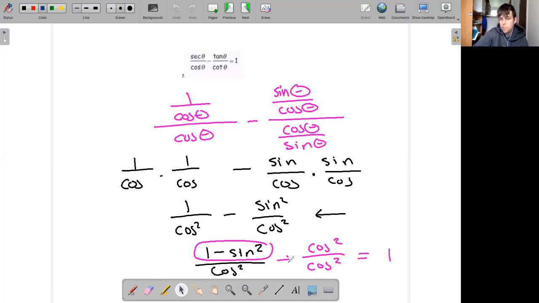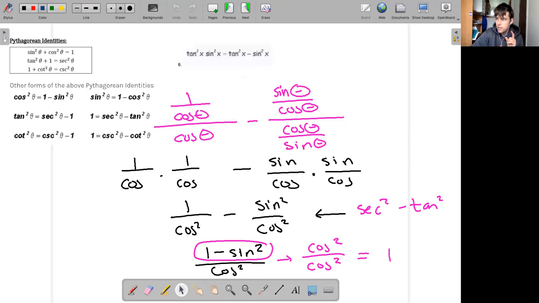So this one is a little more simplistic, keeping it all in terms of sine and cosine. But you could have noticed right here at this point that this is the same thing as secant squared minus tangent squared, which if we do go back a slide, let me do that. Let me try to go back.